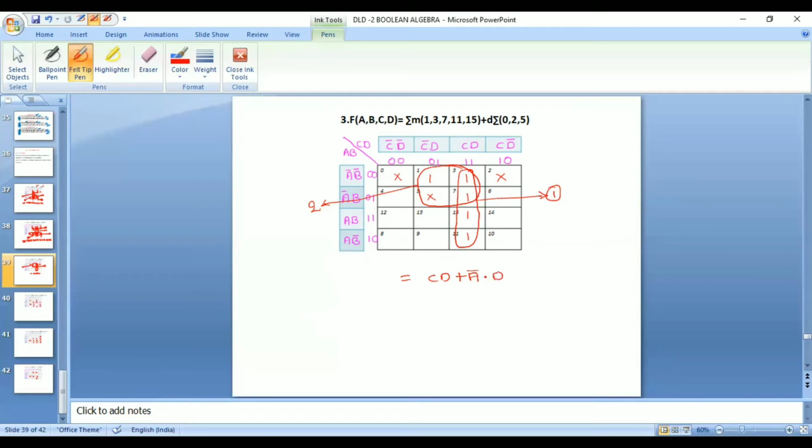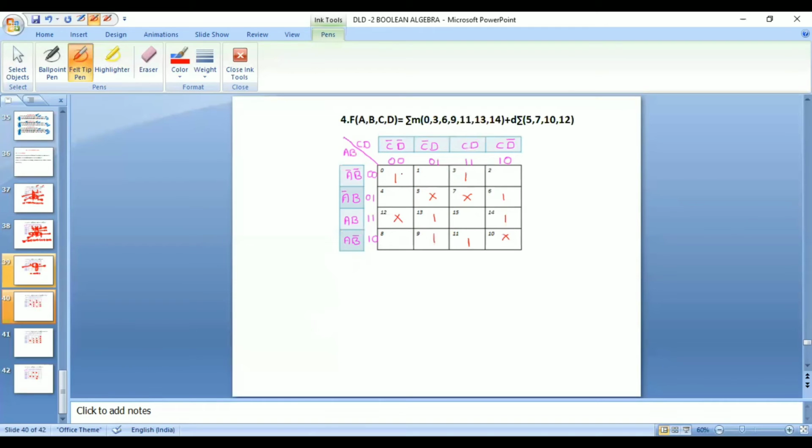That's it. Next problem. So here the min terms are 0, 3, 6, 9, 11, 13, 14, which are placed here, and the don't care conditions are 5, 7, 10, 12. Observe carefully which are the min terms far away from the other min terms, and try to group those min terms.